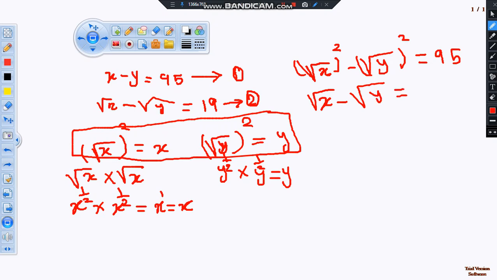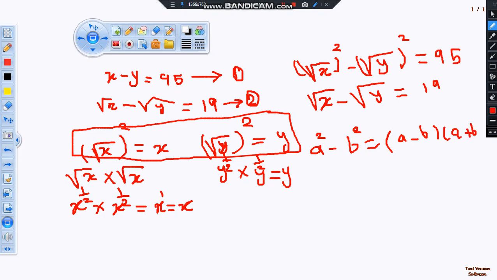And you know already the perfect square between two numbers. For example, a power 2 minus b power 2, we studied this one already. You can write it as the perfect square a minus b times a plus b, right?